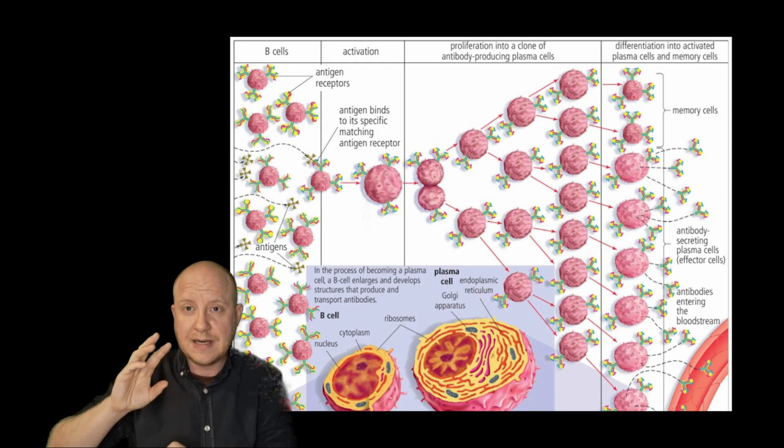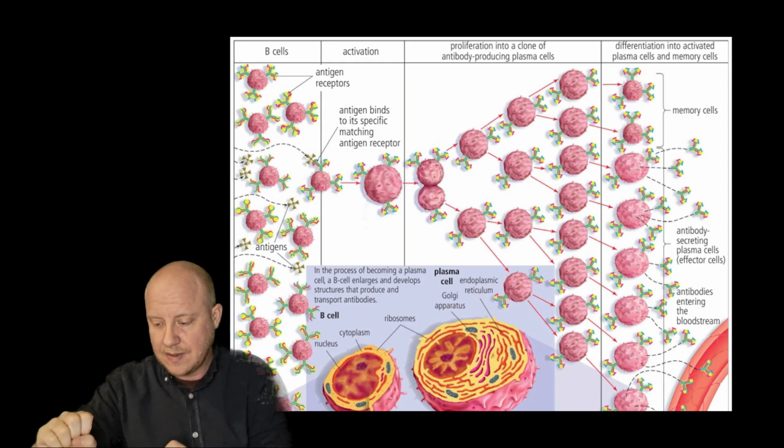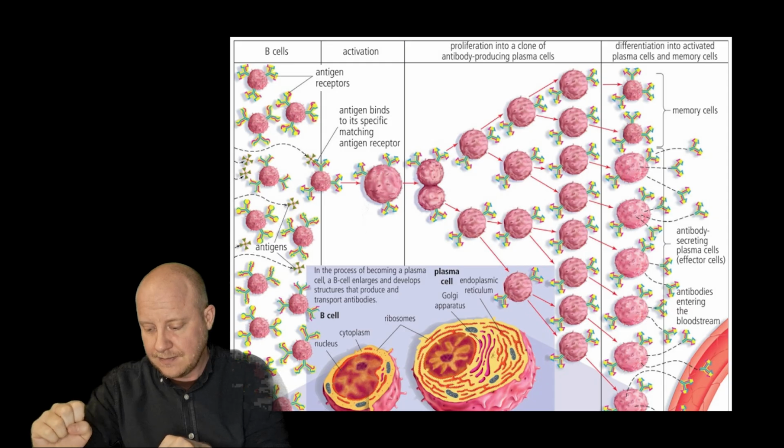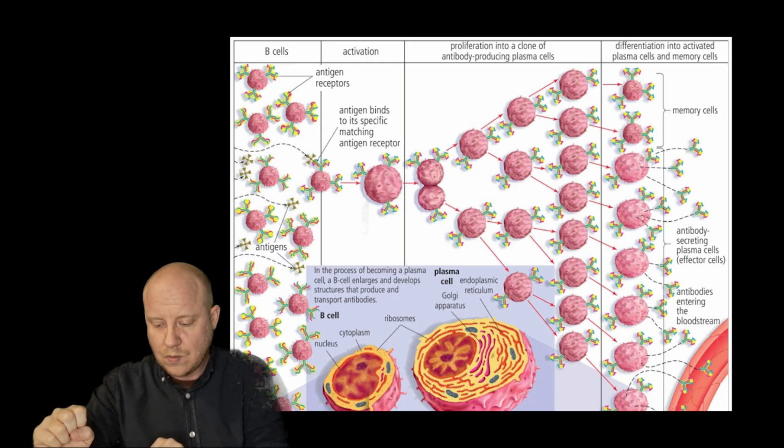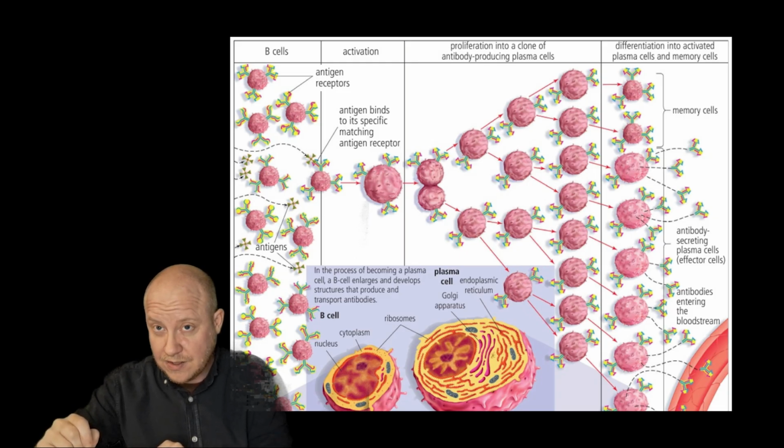So they create the antibodies and release them. What a cool figure. I'm just looking at it in the book. You're looking at it there, but it's really cool. In fact, you can even see the organelles there, right? The ribosomes, the Golgi apparatus, the endoplasmic reticulum. It's chock full of all that stuff.